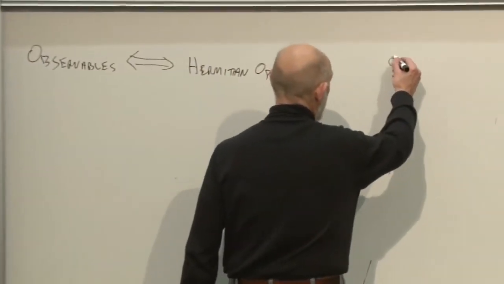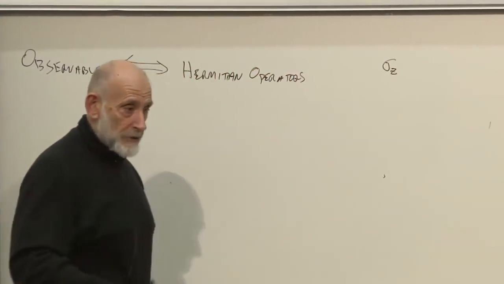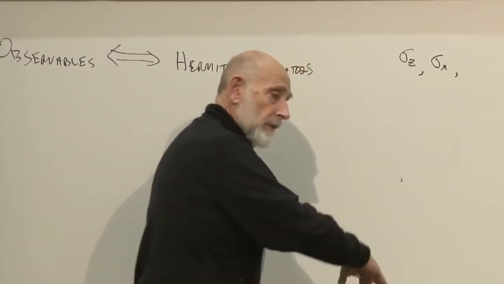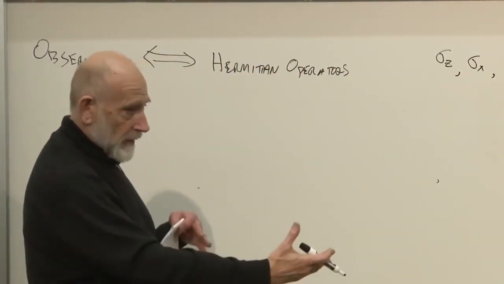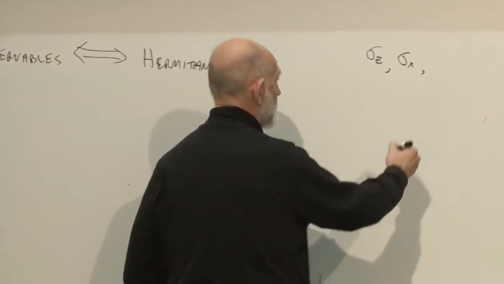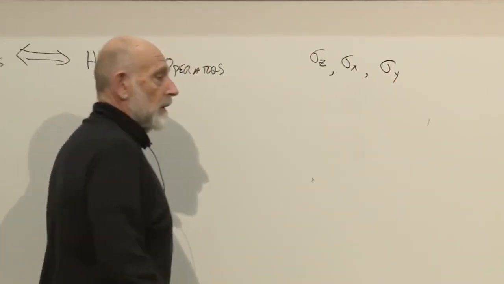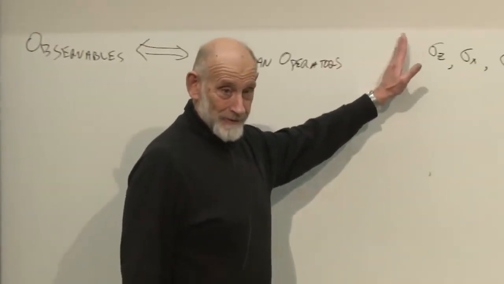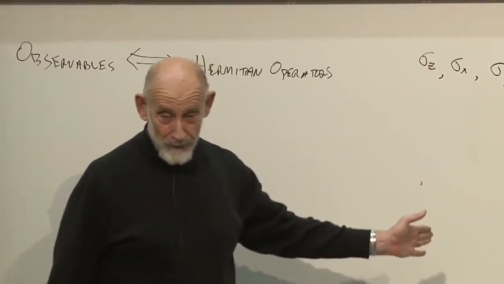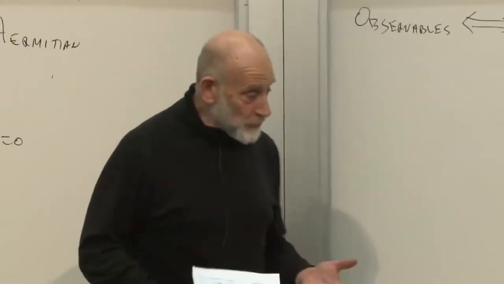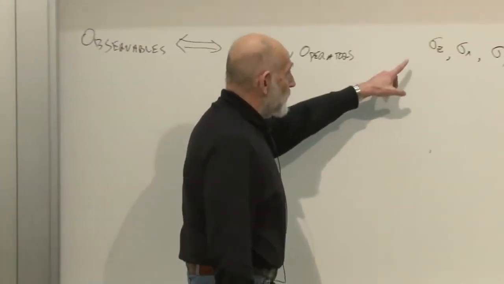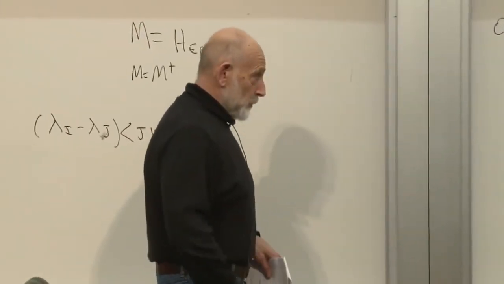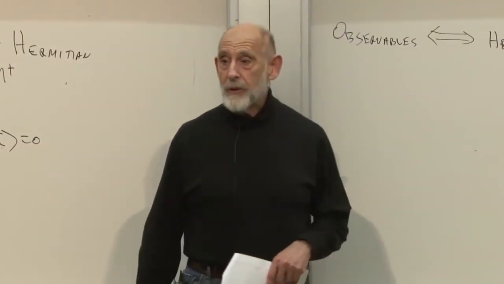Or we could turn our apparatus on its side and measure sigma x, or turn it to the y-axis and measure sigma y. We didn't talk about sigmas being Hermitian operators, or operators at all, but we did talk about measuring them. These will become Hermitian operators in time.